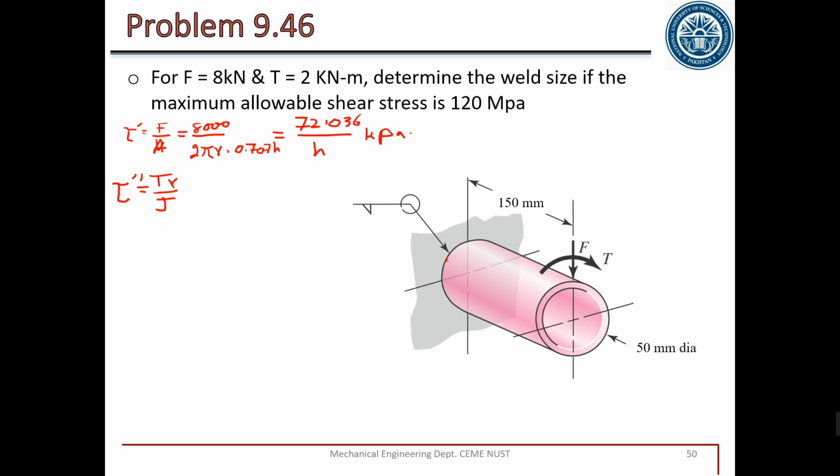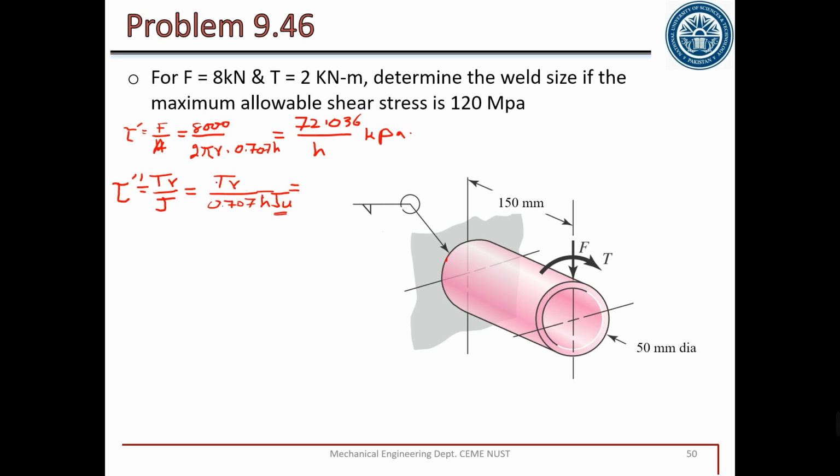Torque is given, R is 25, and J is 0.707 H JU. For a circular weld, from table 9-1, JU is 2 pi r cube.